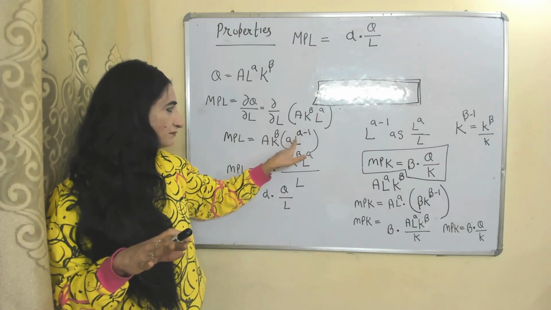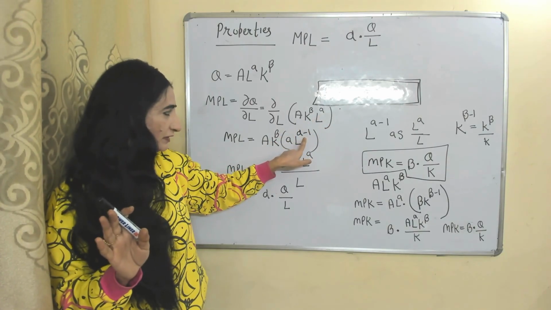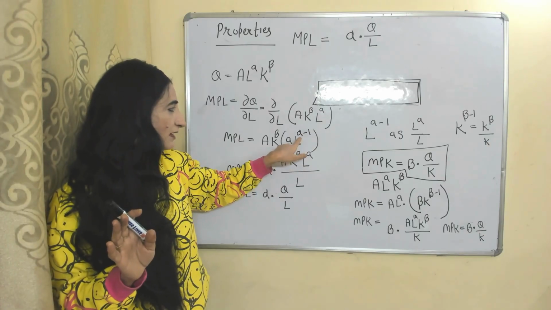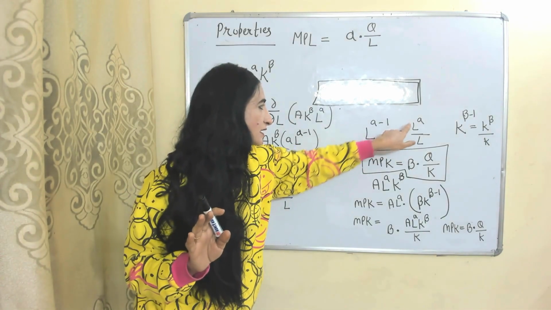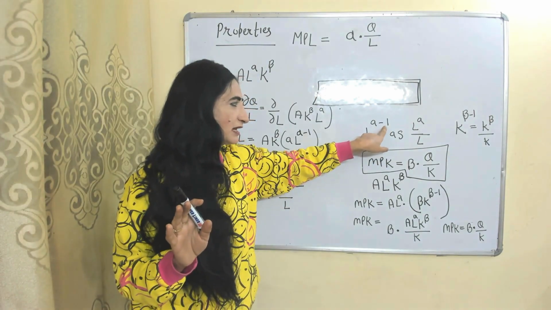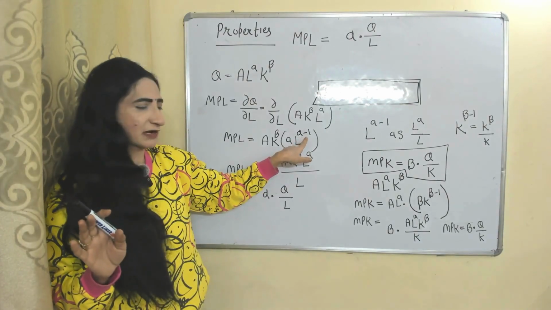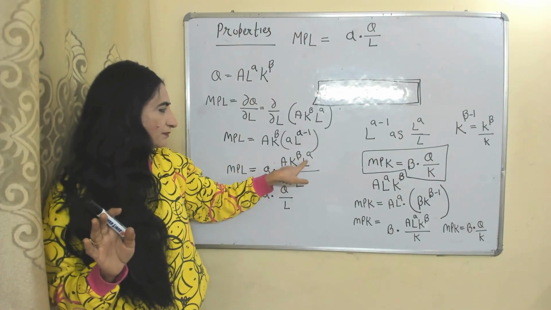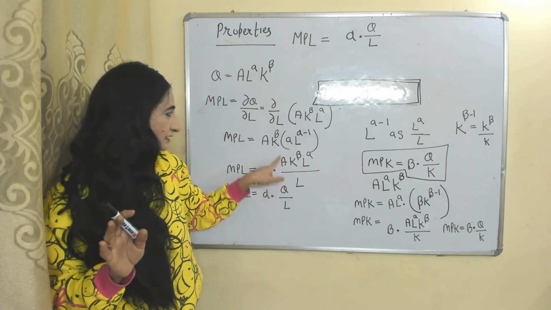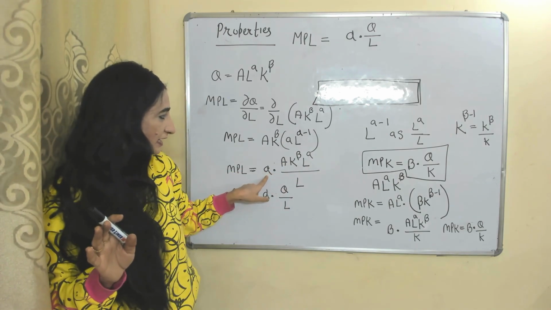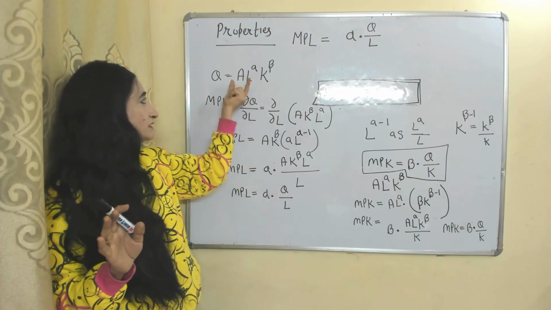This power will come down and we subtract 1 from the power. We can write L to the power alpha minus 1 like this. So in place of L to the power alpha minus 1, we will write L to the power alpha over L. This alpha will come here and this will become our production function, this one.